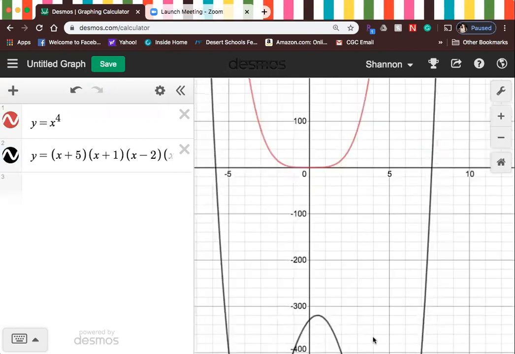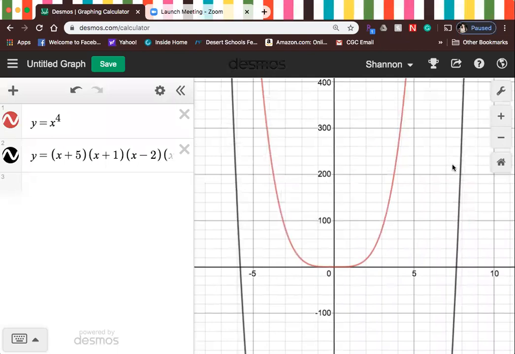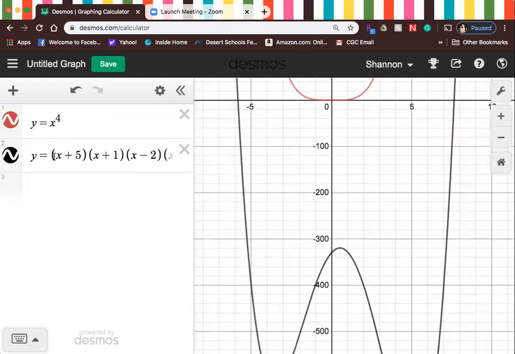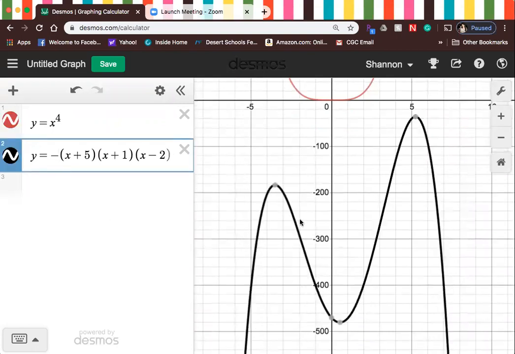And once again, notice the end behavior is still arms up because of that 4th power. It's going to turn all your negatives into positives eventually. So it still has arms up, but the middle can certainly turn cool. And just like before, if I wanted to, upside down. So check it out.